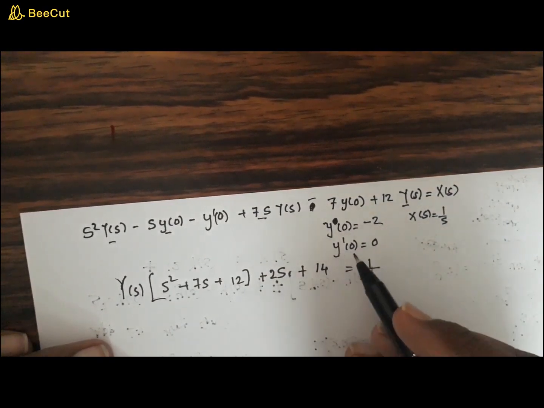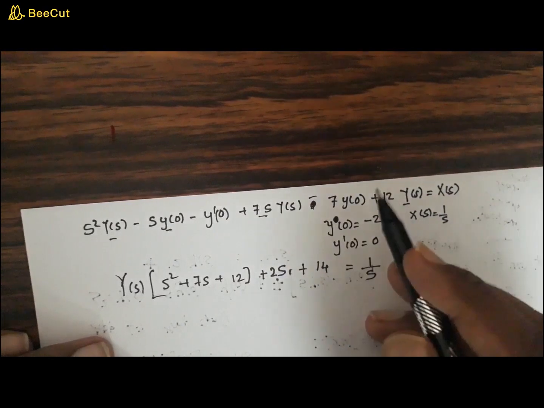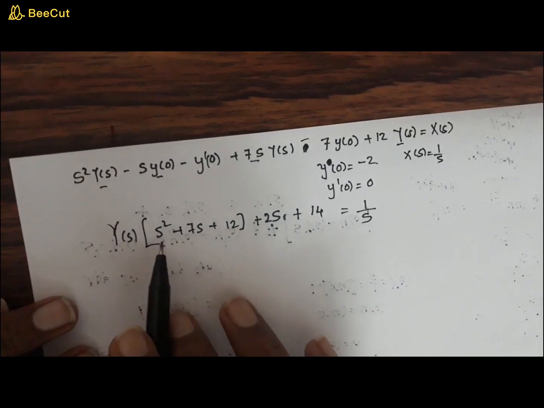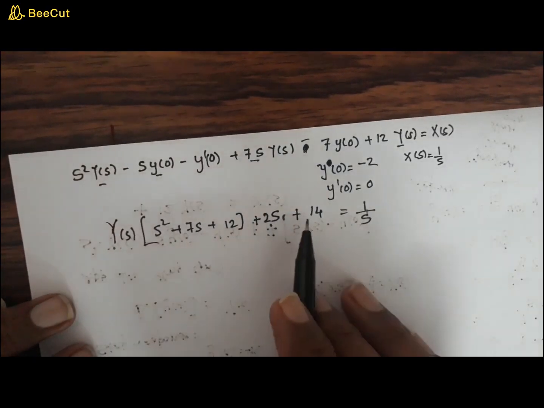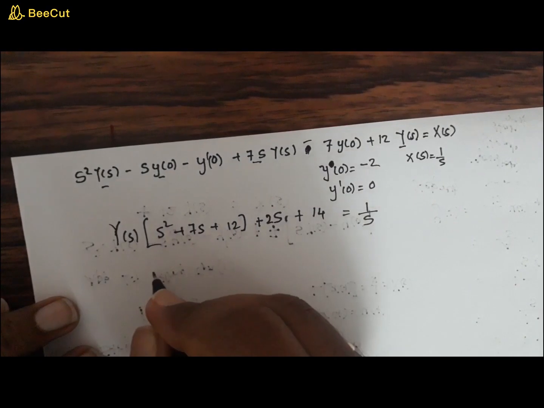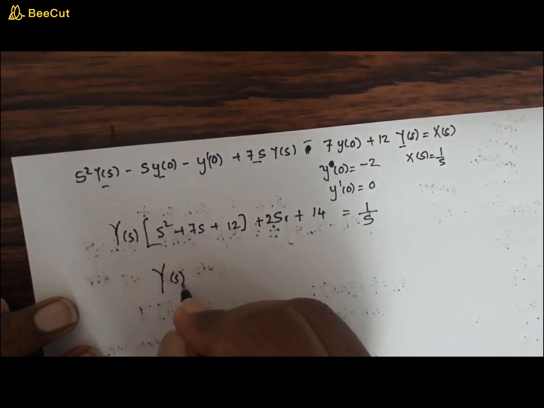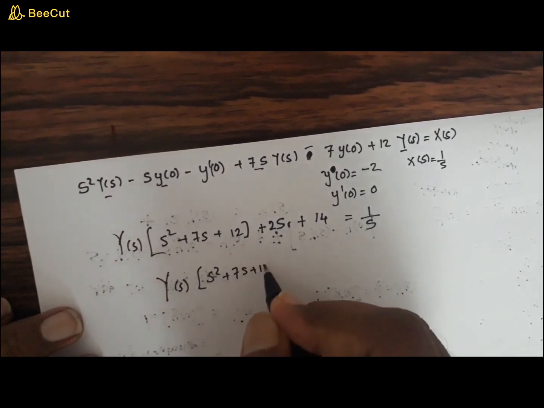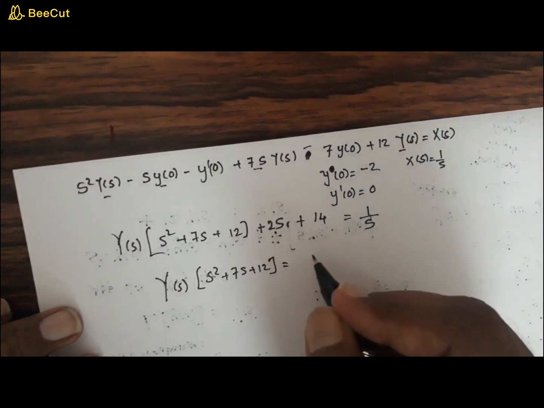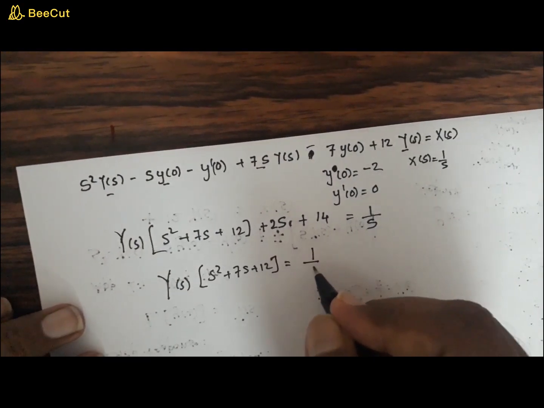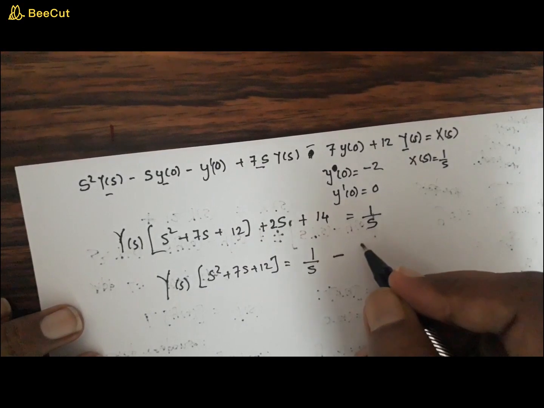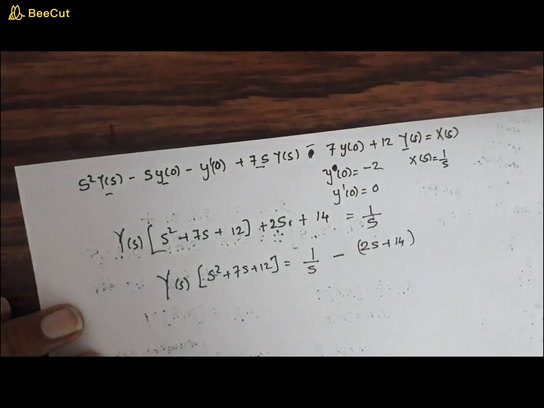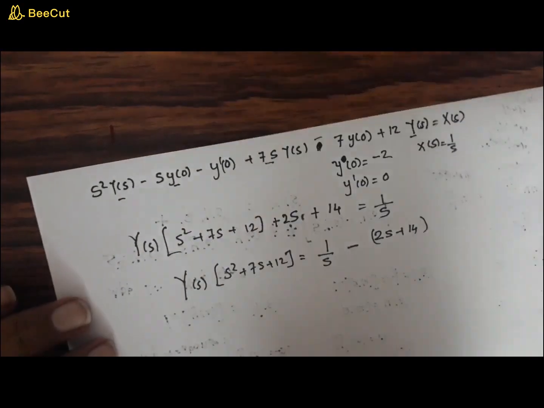Y of 0 is minus 2, y dash of 0 is equal to 0, and so you can have a substitution of all these in this equation, and rearranging you will get y of s into s square plus 7s plus 12 plus 2s plus 14 is equal to 1 by s, or y of s into s square plus 7s plus 12 is equal to 1 by s minus 2s plus 14. Okay, this is minus of 2s plus 14.